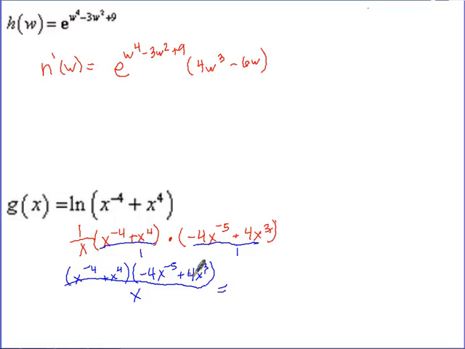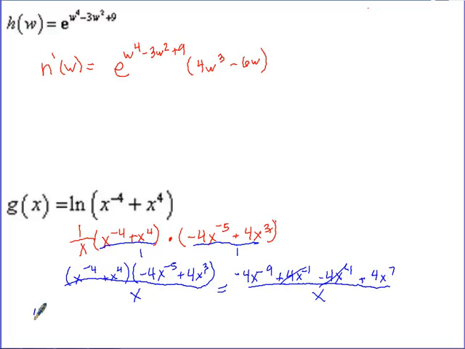So FOIL this out for me. What do I get when I FOIL this out? Negative 4x to the negative 9, plus 4x to the negative 1, negative 4x to the negative 1, plus 4x to the 7. Again, all of that's still over x. You notice something? Those are going to cancel.